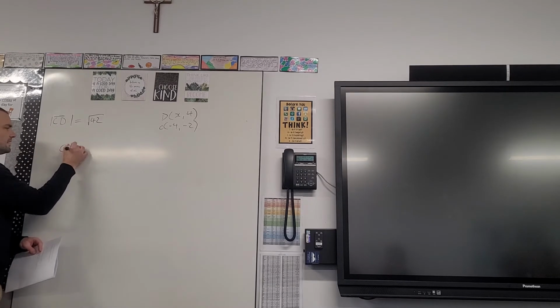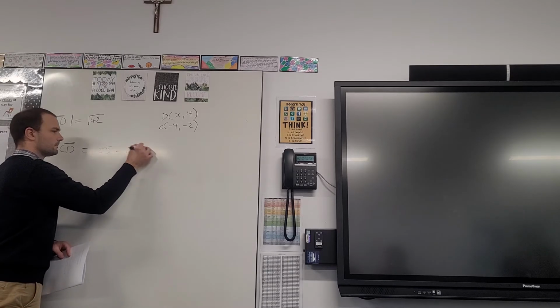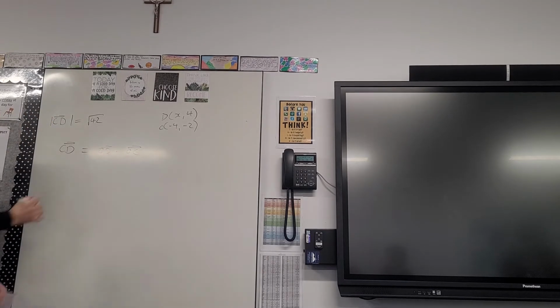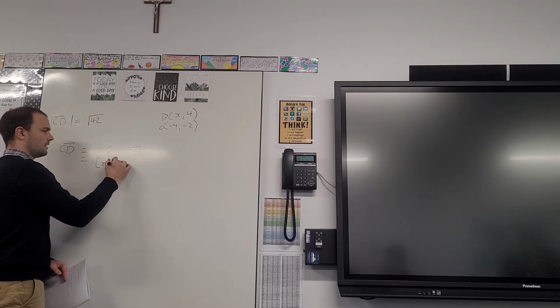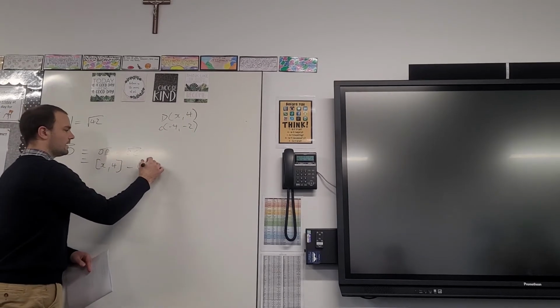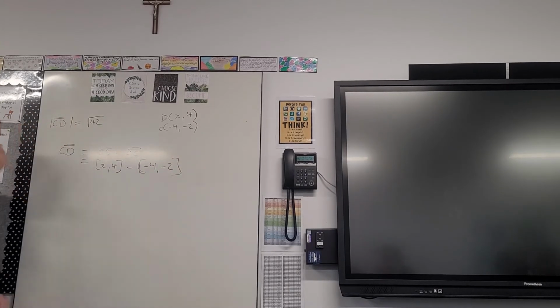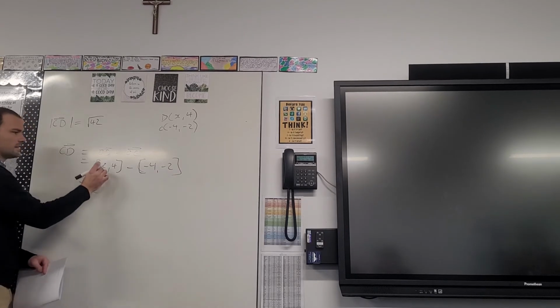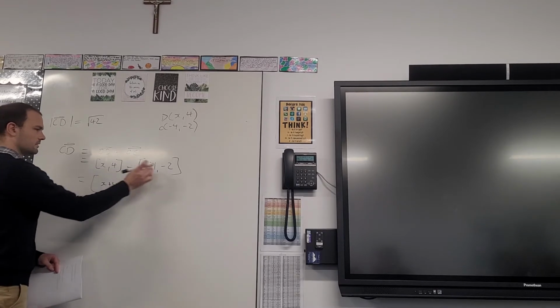Vector CD is going to be equal to OD take OC. So that's going to be our D, which is (x, 4), take away (-4, -2). That's going to be (x plus 4, 6).